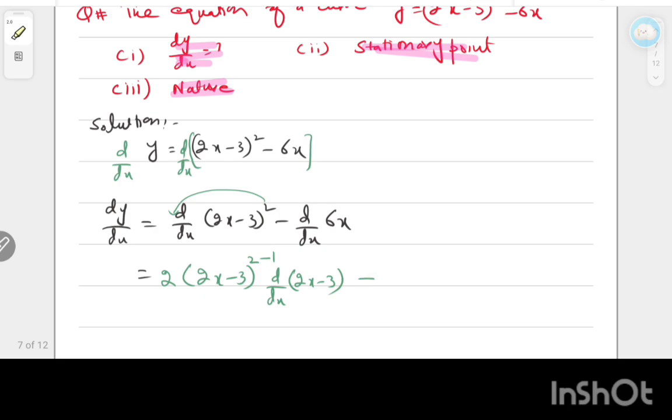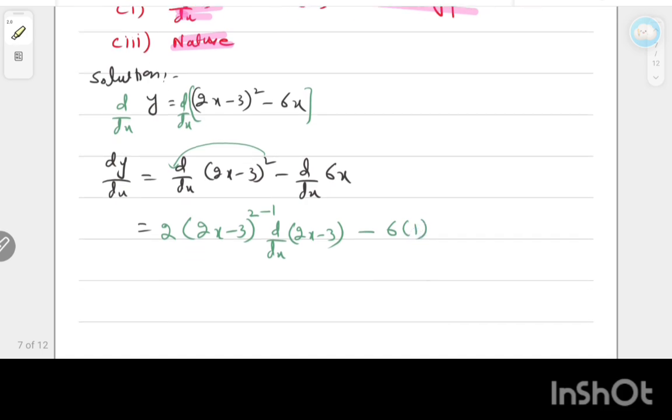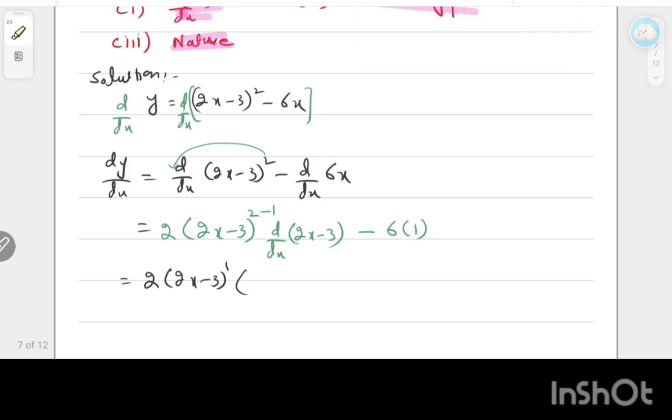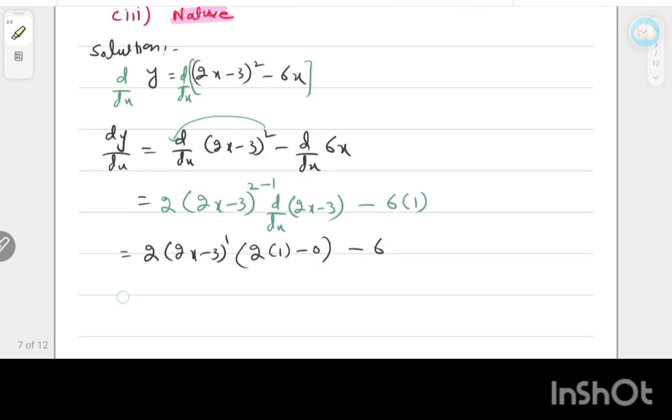Next is minus 6, where 6 stays outside, and the derivative of x is 1. So the derivative of 2x minus 3 is 2, since the derivative of 2x is 2 and the constant's derivative is 0, minus 6. Furthermore we solve it: 2 and 2 multiply to 4, so 4 times (2x minus 3) minus 6. So we have the first derivative.